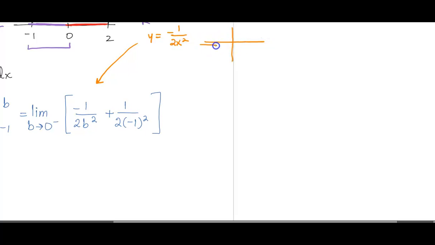Well, that graph looks like this. Vertical asymptote at 0 and both ends of the graph shoot down. So as we approach 0 from the left, get on the graph on the left side and approach 0, we go down to -infinity. So this entire limit is equal to -infinity because that shoots down to -infinity.